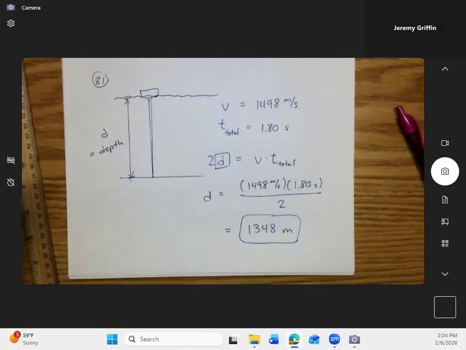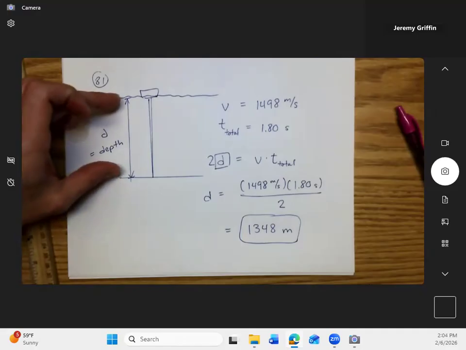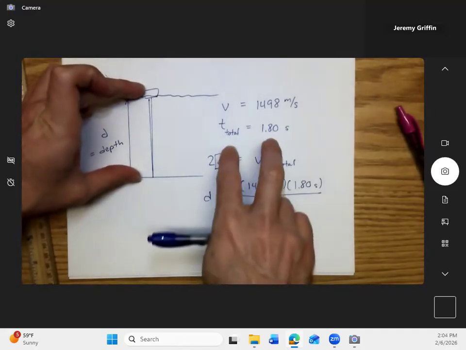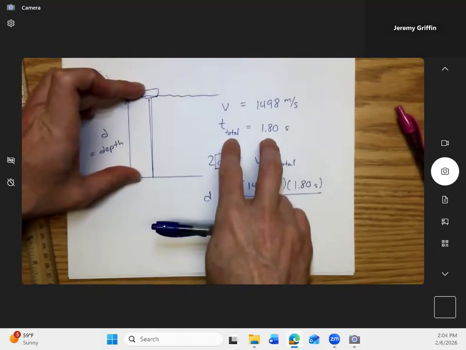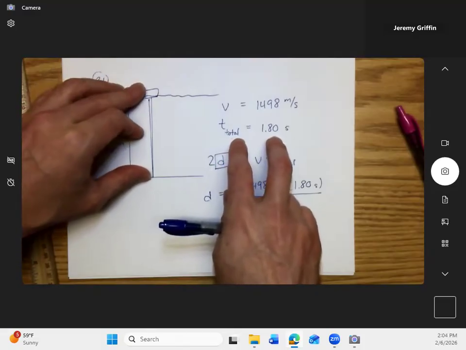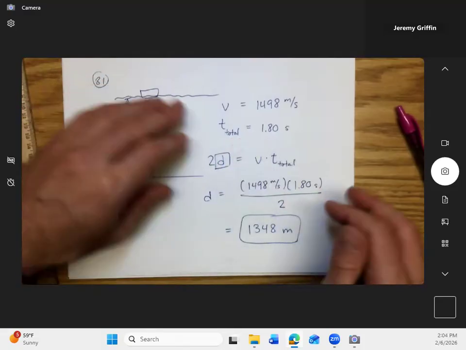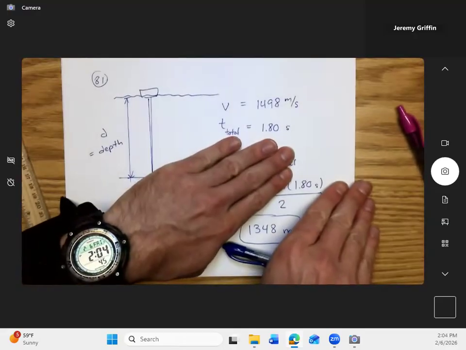Yes, that's another way you could think about it. If you know the total time, you could cut that in half and say maybe it takes 0.9 seconds one way. Yeah, you can do that.